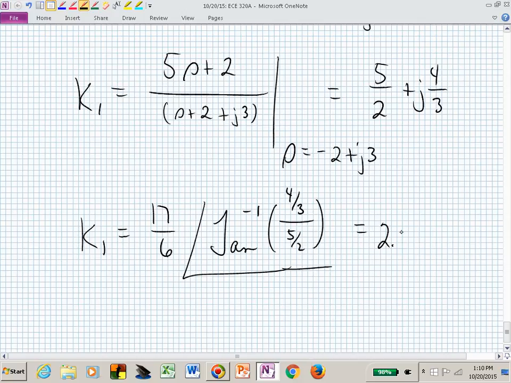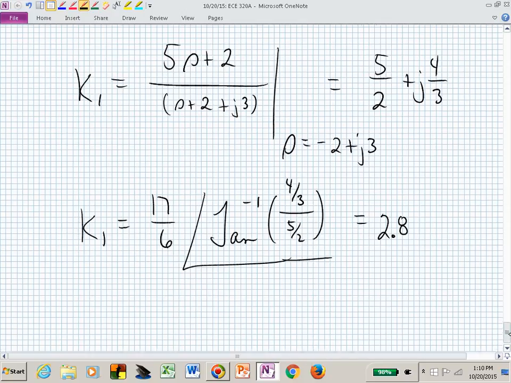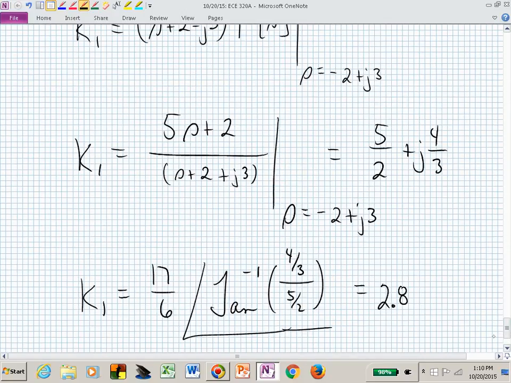And if we do all of that, 17 is not quite 18. If it was, it would be 3, so it's a little less than 3. Yes? How do we get 5/2 plus j 4/3? I don't know, magic. Question was, where did we get 5/2 and j 4/3? I'm just plugging in that particular value for s, which is minus 2 plus j3.